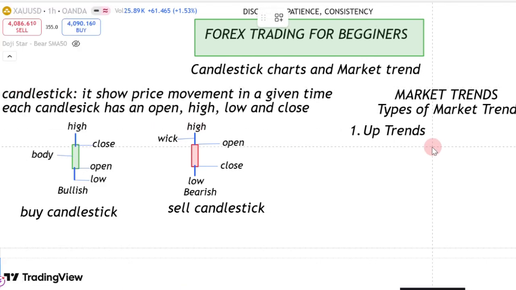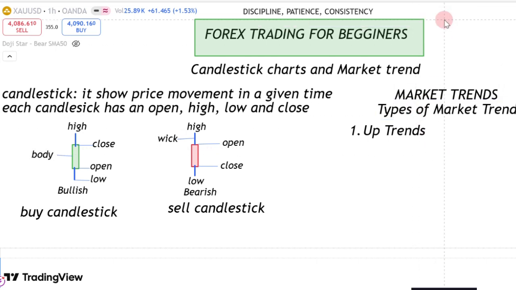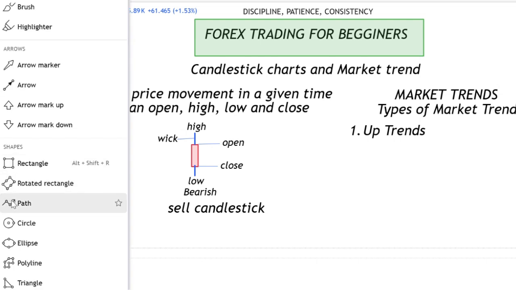So uptrend is higher highs, higher lows. Okay, here is another.